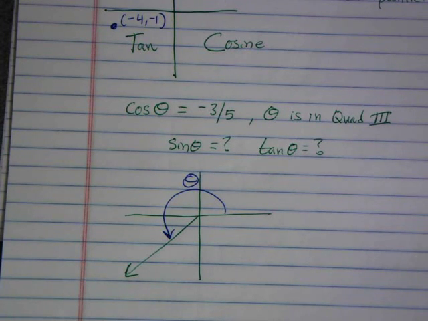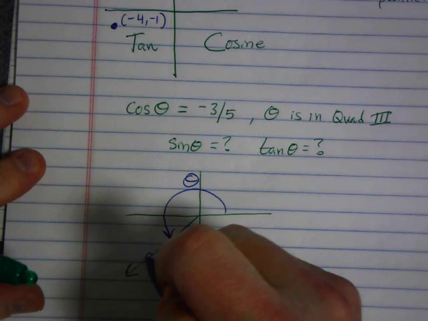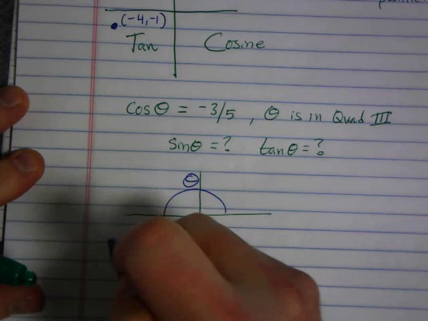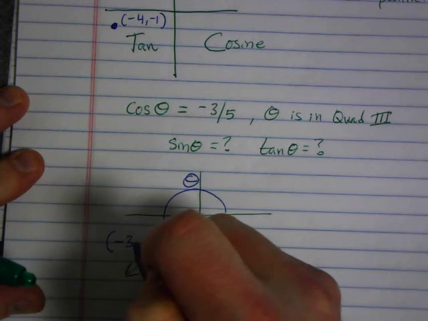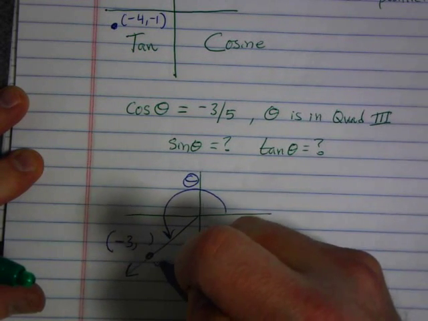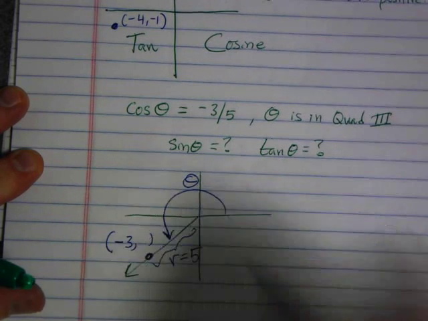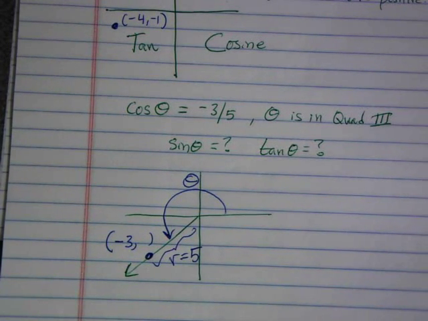I know adjacent and hypotenuse, which is another way of saying I know x and r. So I can mark a point right here. I know the x is -3, and I know the r is 5. That's the information I'm given.